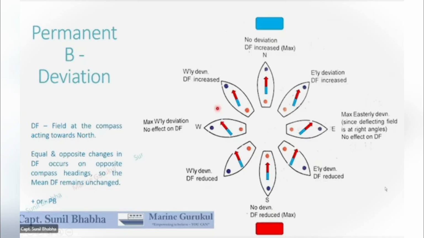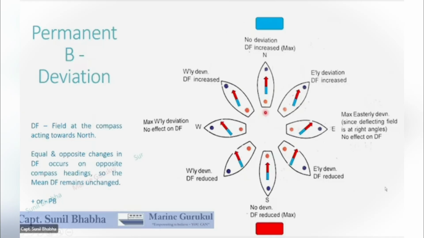Now with the vessel on a northerly heading, you can see that the poles of the ship are matching with the poles of the earth. The Earth's north pole is a blue pole and the ship structure also has a blue pole north of the compass. So this blue of the earth and blue of the ship are adding up, increasing the magnetic field.